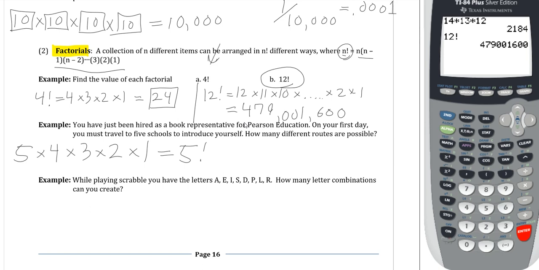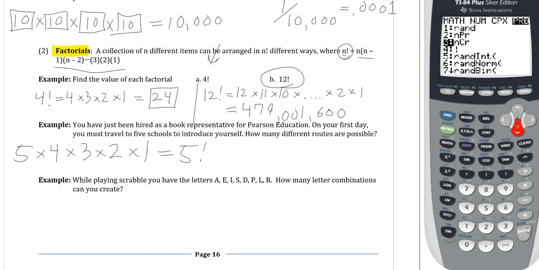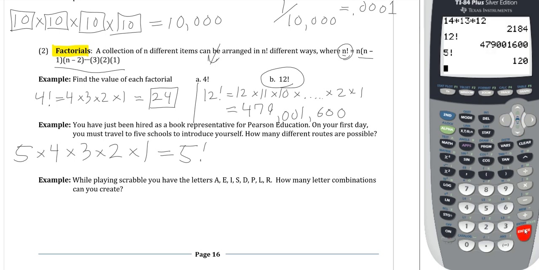You could do 5 factorial since we did 4 factorial before and multiply that by 5. Or in your calculator, we could do 5 and then go hit math and go find the factorial button in the probability tab. So 5 factorial should give us a 120.